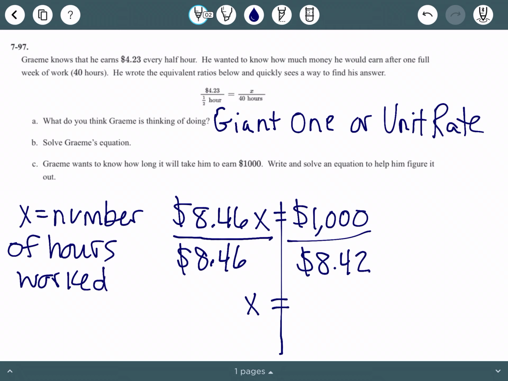And if I do 1,000 divided by, oops, this should be 8.46, not 0.42. So if I do 1,000 divided by $8.46, I should get approximately 118.2.